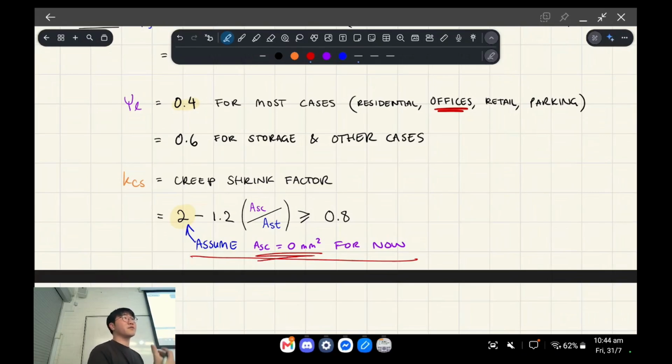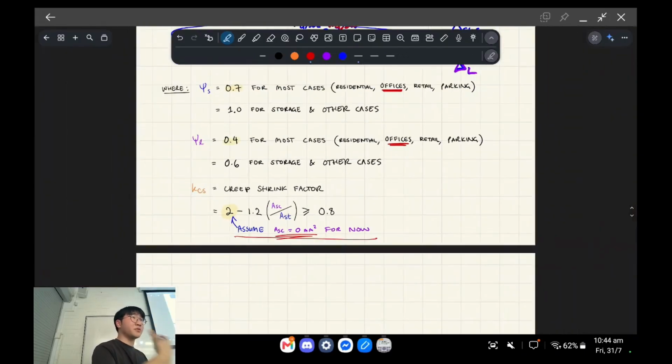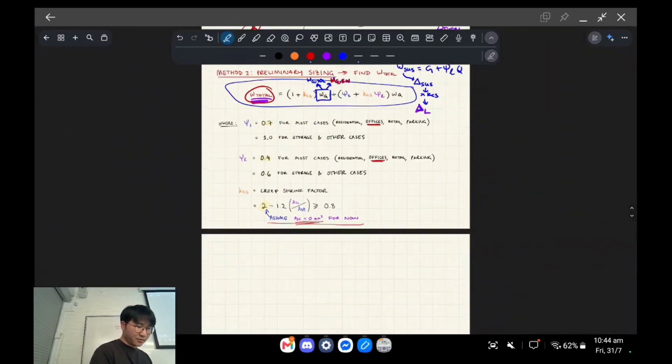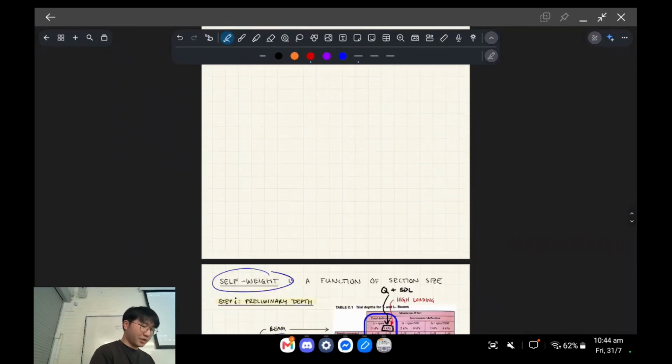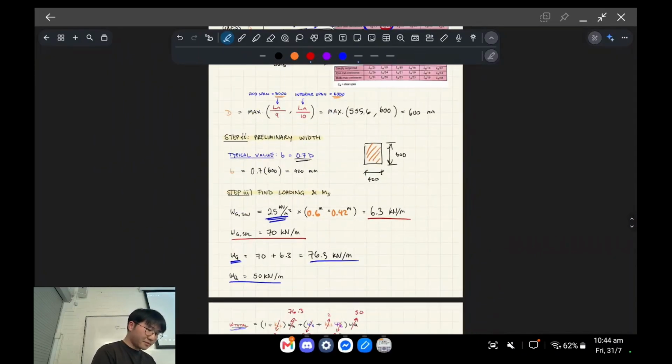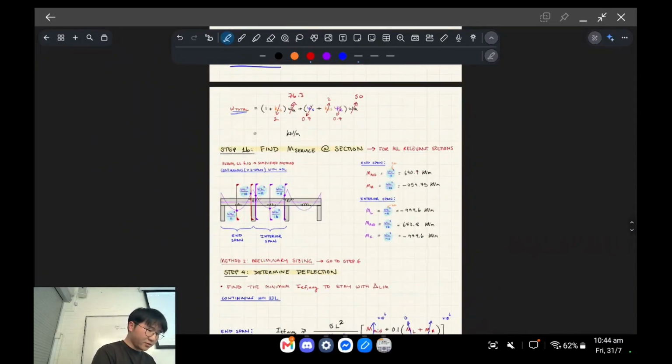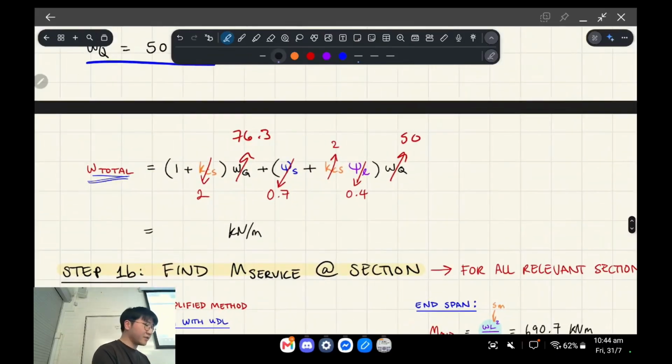So we want to design for the worst case scenario first, and as we add in compressive steel and refine our beam design, it's only going to make the deflection better. That's why our KCS value was 2, as if the beam had no compressive steel in it.